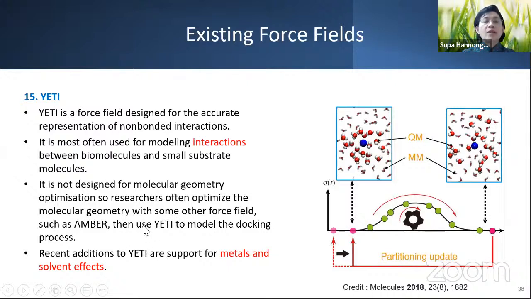So when you would like to optimize the molecule, you need a force field like AMBER, and then YETI can model later in the process. The application of YETI is to support metals and the solvent effect.